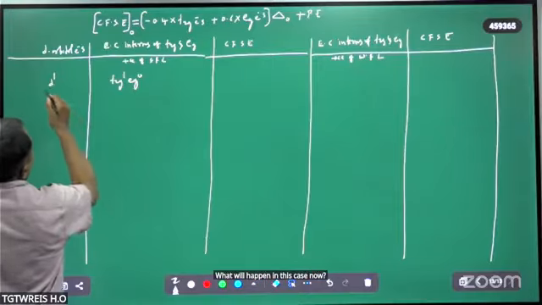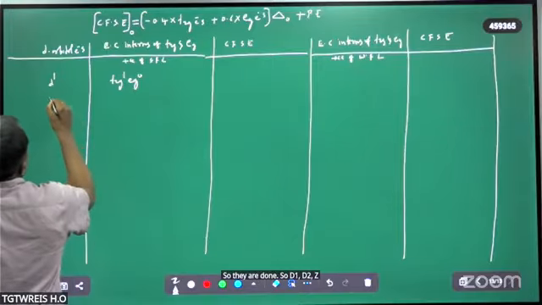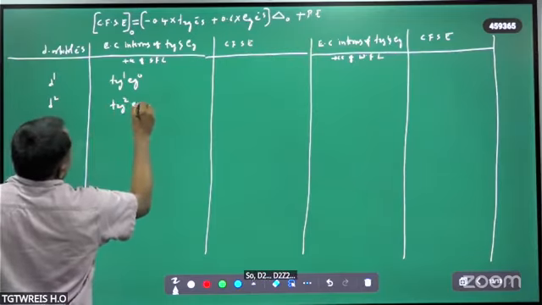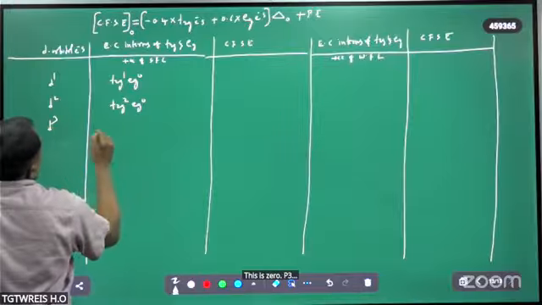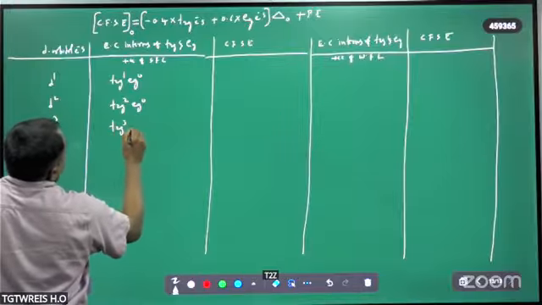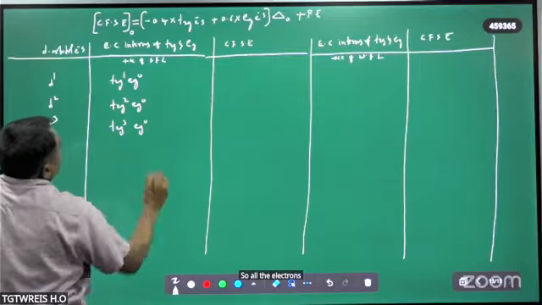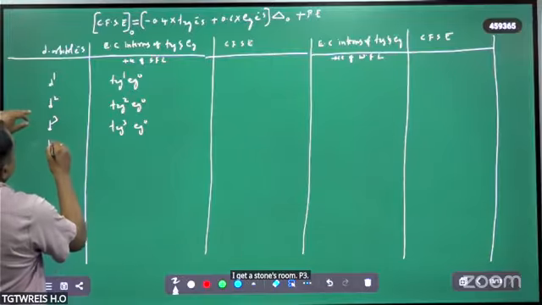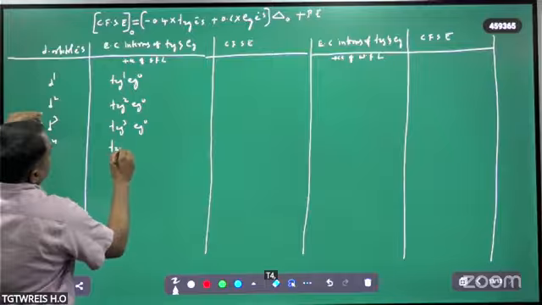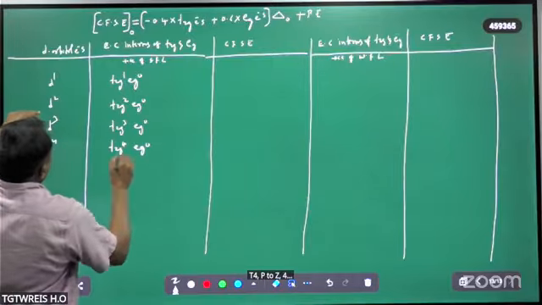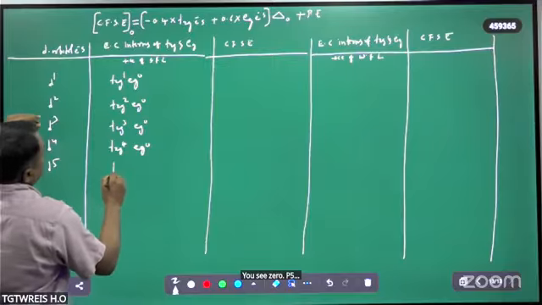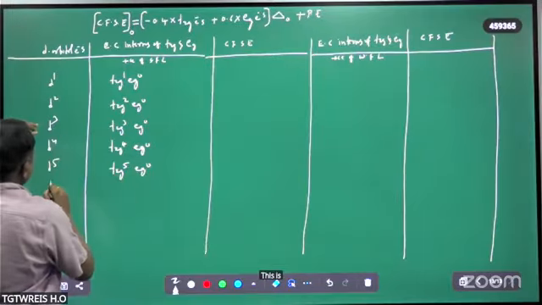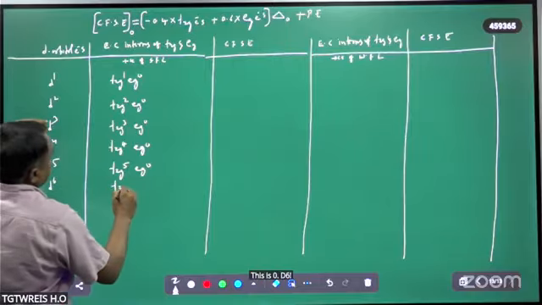So d orbital: d1, t2g1, eg0. d2, t2g2. d3, t2g3. All the electrons, this is according to Hund's rule. d4, t2g4 eg0. d5, t2g5. d6, t2g6.